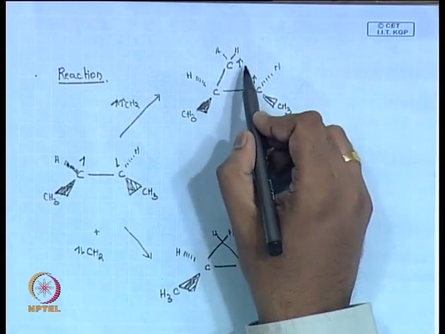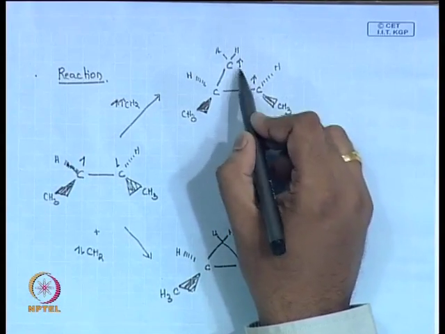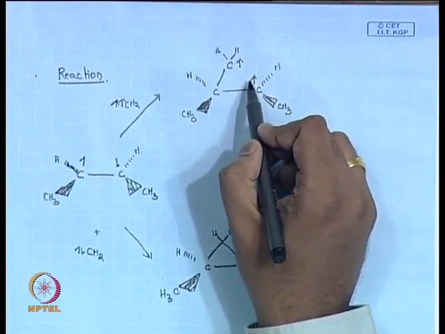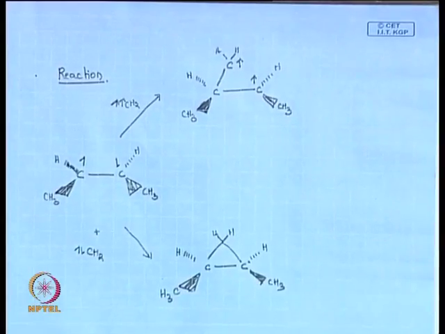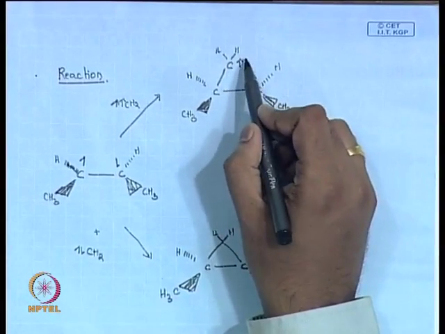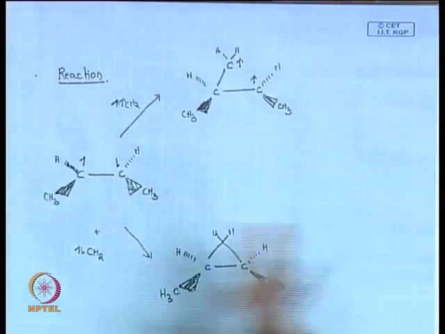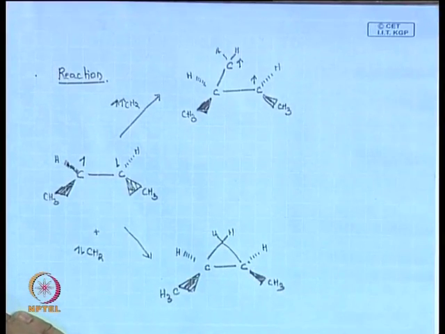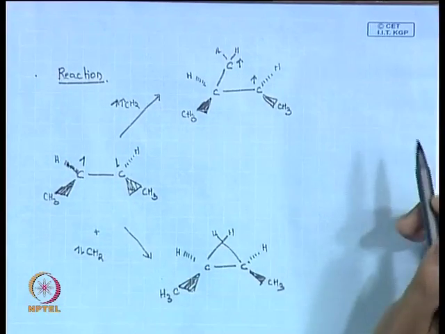Yeah, you can put it the other way around also, but both the spin will be same. Okay. It can be like this or it can be like this, but the spin will be most of the time same. So, now what happens?